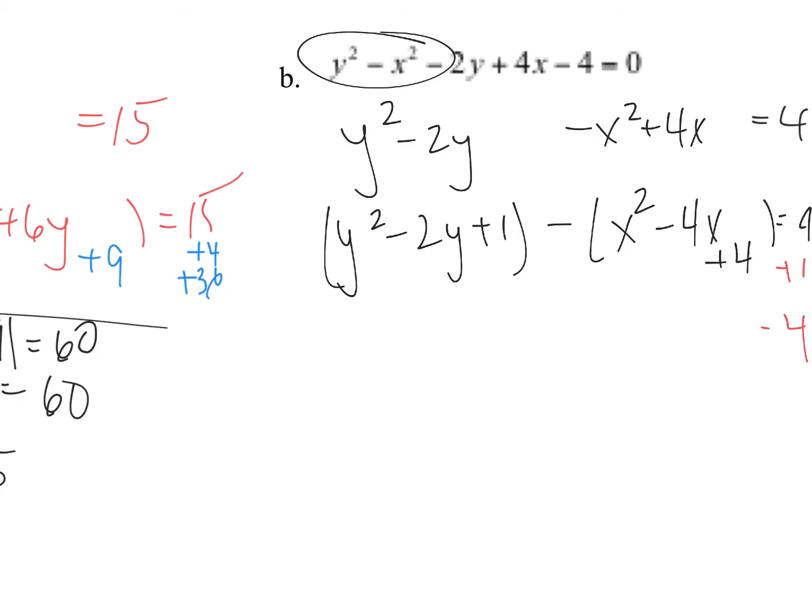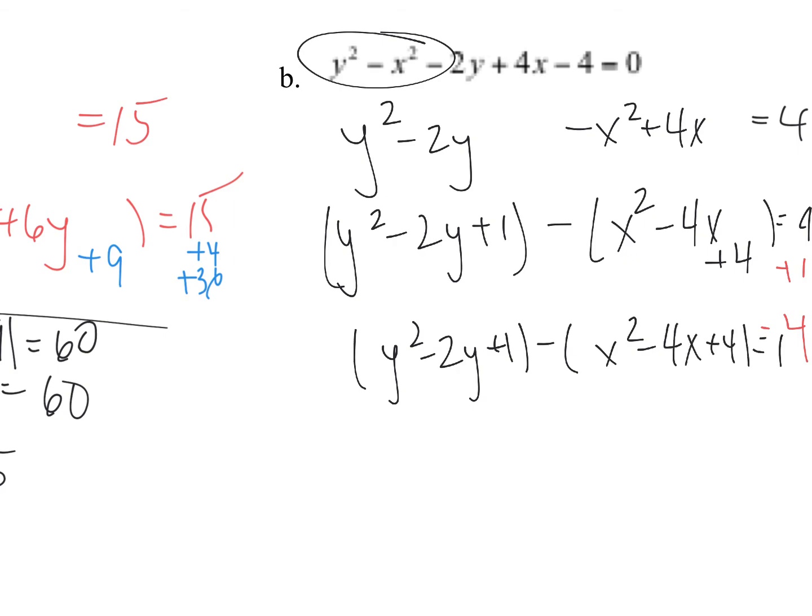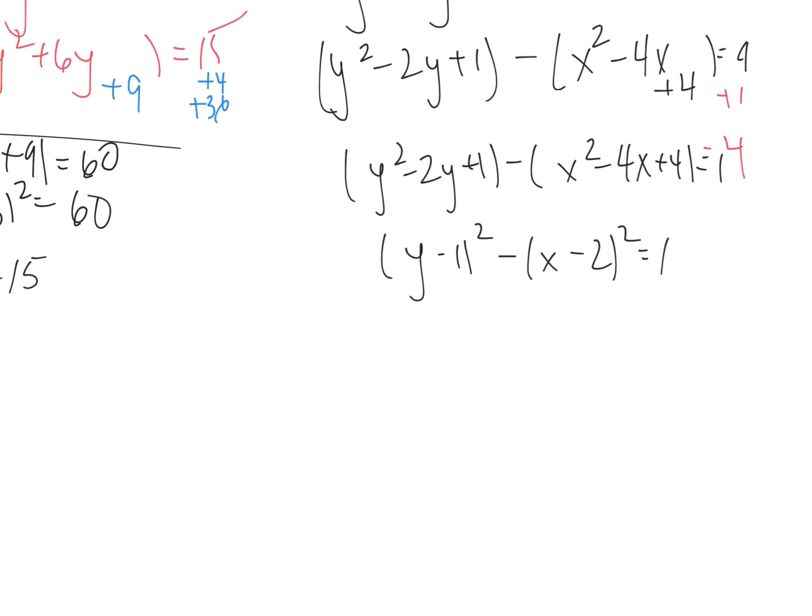So this ends up going directly into the hyperbola form. Y squared minus 2y plus 1 minus x squared minus 4x plus 4 equals 1. The 4's cancel, and we're just left with 1. And now when I factor, I get y minus 1 squared minus x minus 2 squared equals 1. So my center is at 2, 1.